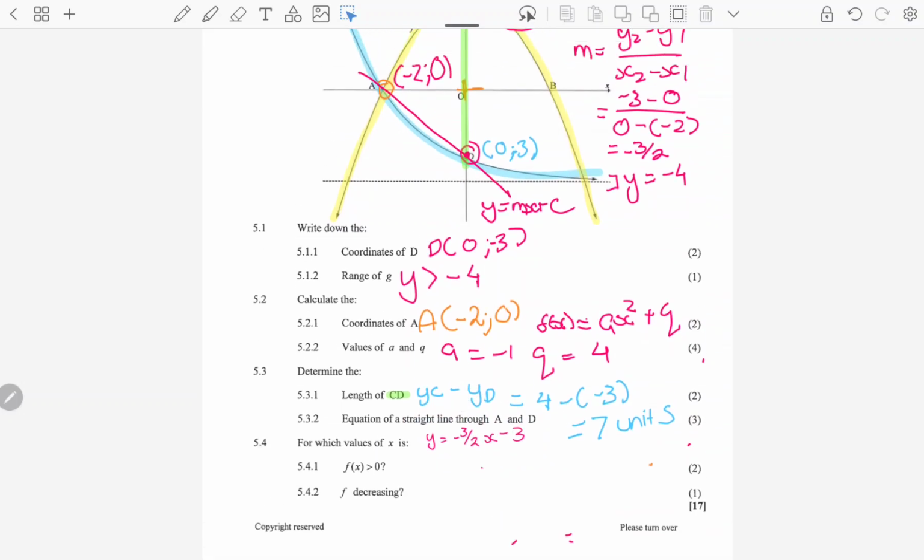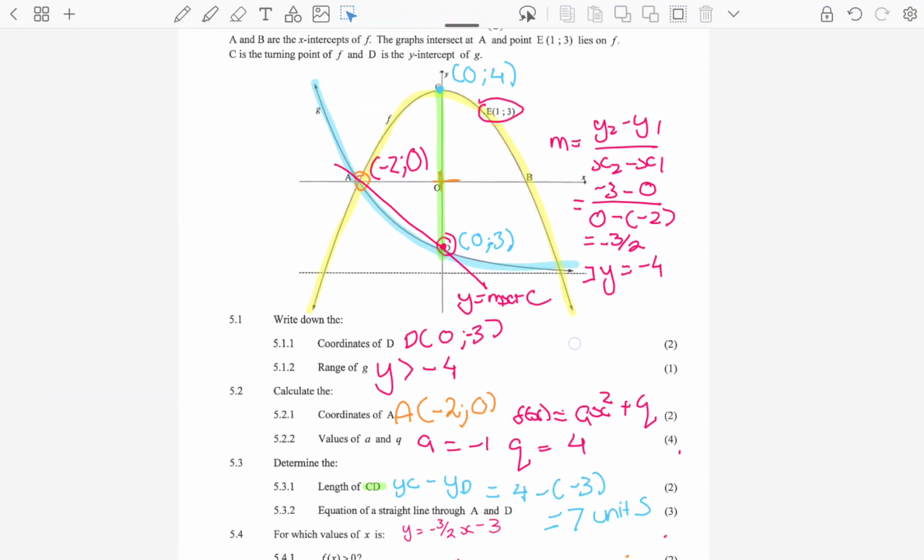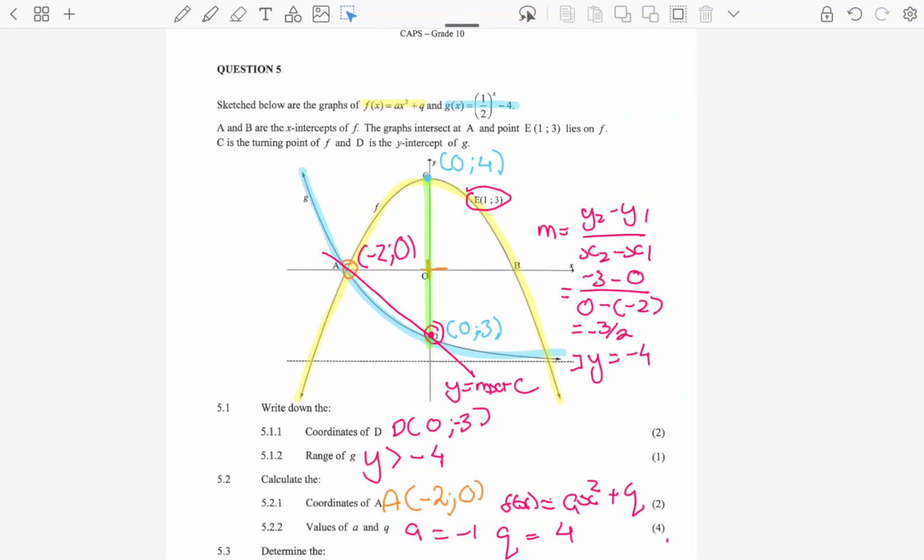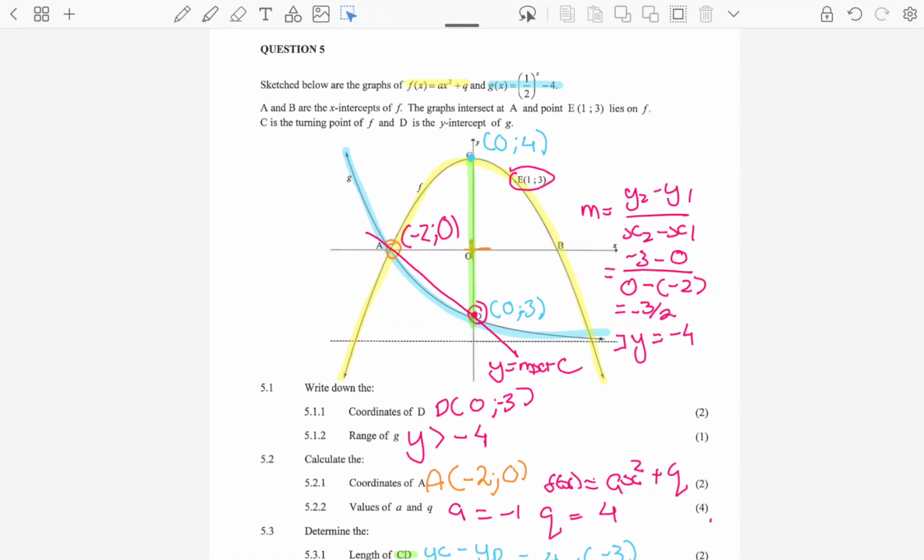Now for the next question, they want us to find the x values for which f of x is bigger than 0. So f of x is our yellow graph, and they want to know for which values f of x is bigger than 0. In other words, is it positive? So for which values is this graph above the x-axis? Because that's where it can only be positive.